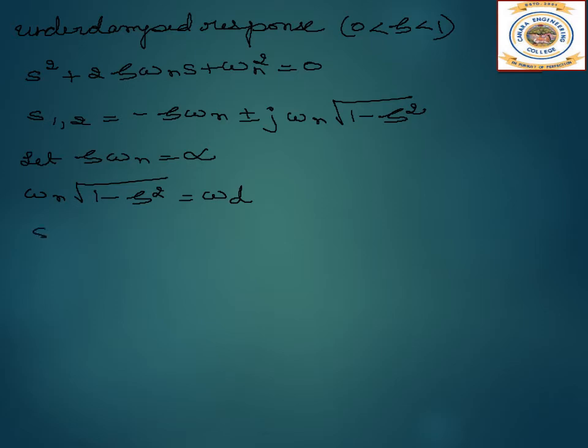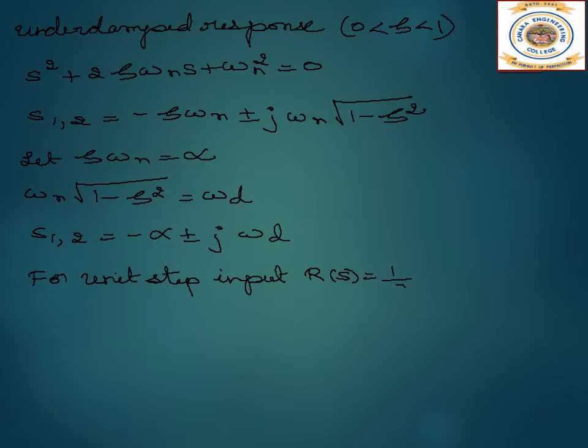So here the roots become minus alpha plus or minus j omega d. Now for a unit step input, we know that R of s equal to 1 by s.